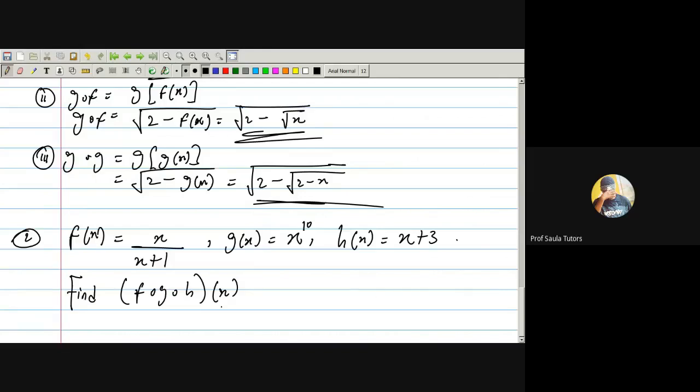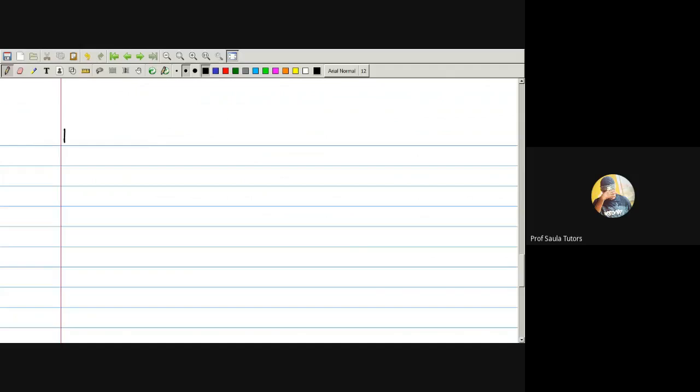Okay. Should we move on? Yes. Okay. So let me interpret this for you. You see this f of g of h of x. What does that mean? It means you have to find f of, g of h.